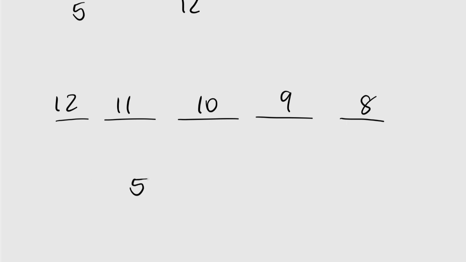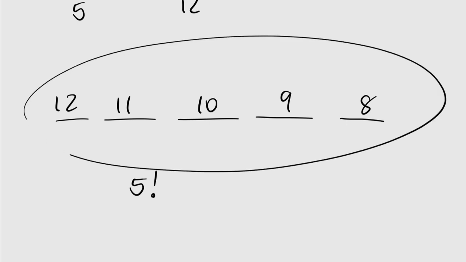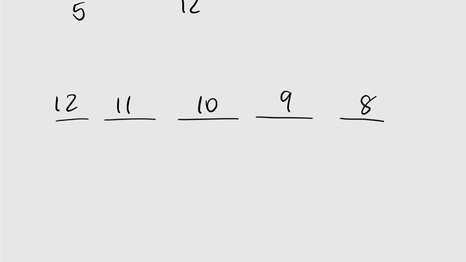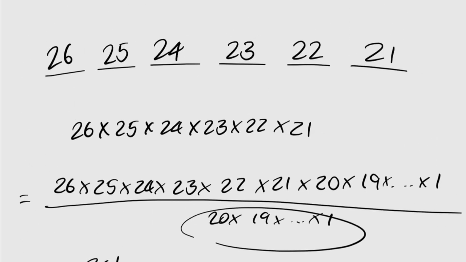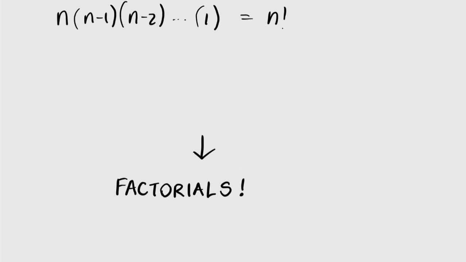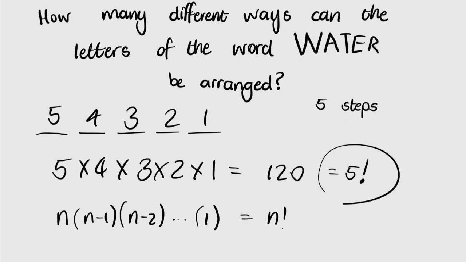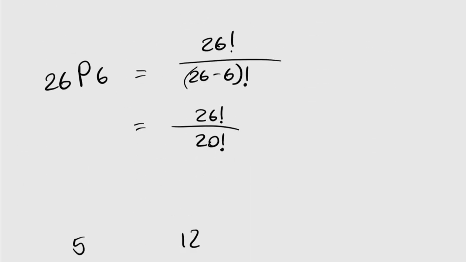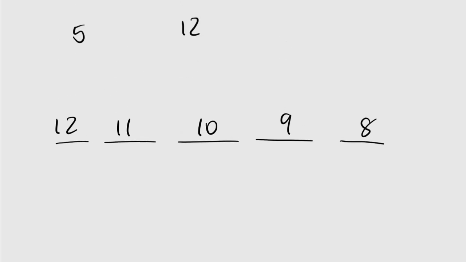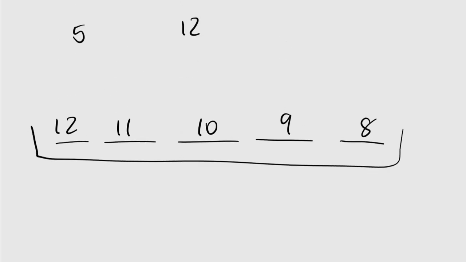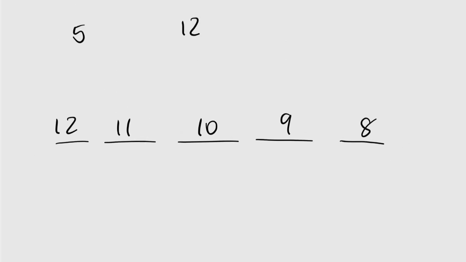Sorry, you have to divide it by 5 factorial, because there are 5 factorial different ways in which those numbers can be ordered. We showed that with the water example. There were 5 factorial ways in which you could arrange the 5 letters of water. So in order to remove altogether the number of different orders, you just divide by 5 factorial, and 5 is the r.